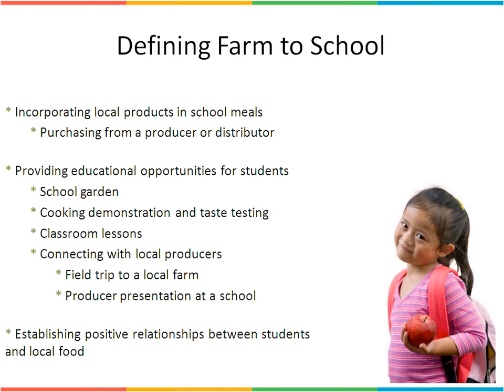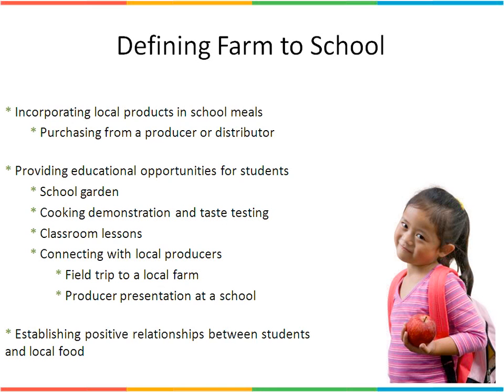So first, in case you're not familiar with the term Farm to School and what that really means, here's just a brief overview. Farm to School is everything from incorporating local products into school meals, whether you're purchasing that product directly from a local producer or from a produce distributor, for example.